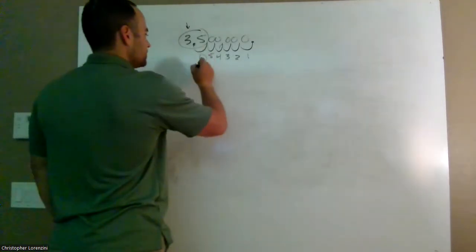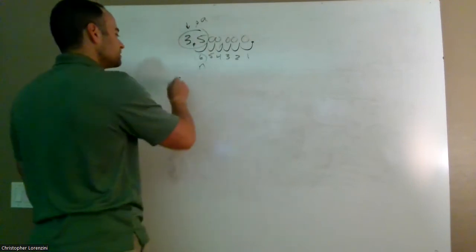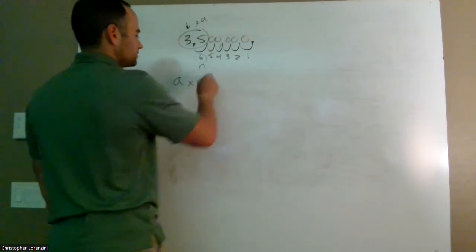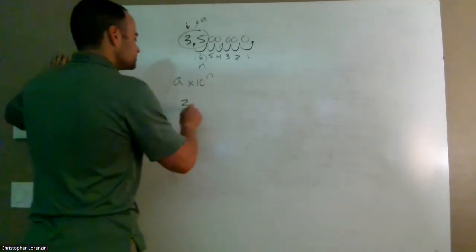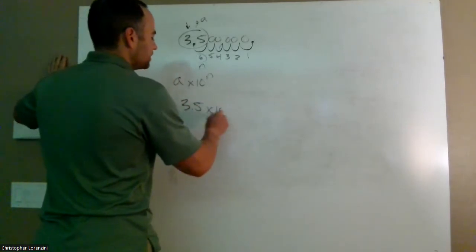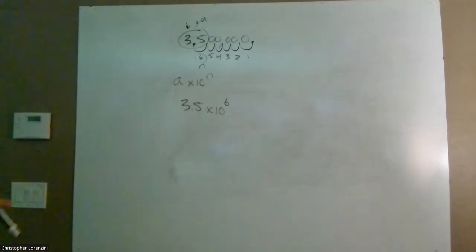This value right here is my N. This value is my A. And when we talked earlier, our scientific notation is written as A times 10 to the nth power. So I would get 3.5 times 10 to the 6th power.